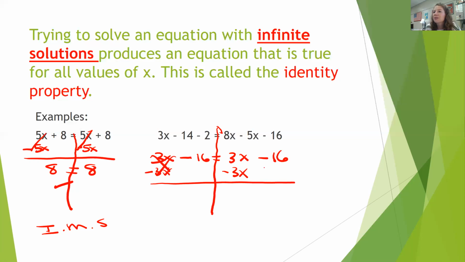Those variables cancel, these variables cancel. What am I left with? I'm left with negative 16 is equal to negative 16. Is that true? Yes, it's true. So we have infinitely many solutions, IMS, infinitely many solutions.